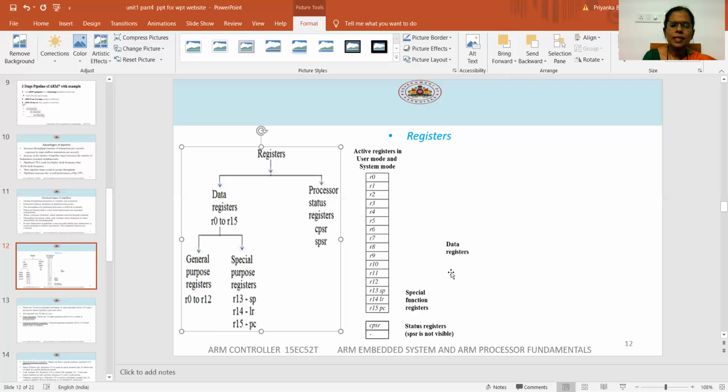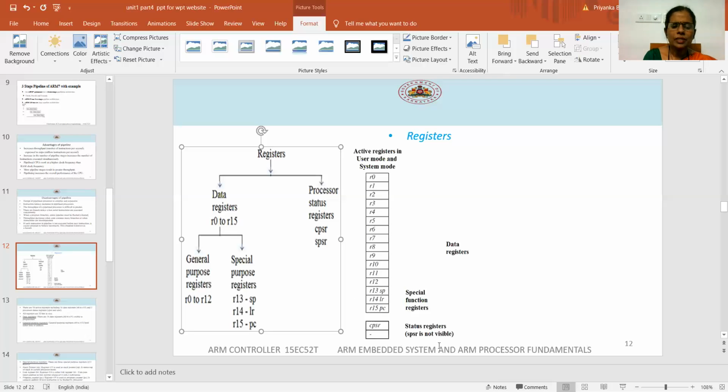They are called data registers. And special registers R13, R14, R15 are special function registers. Why are they called special function? Because R13 is meant for stack pointer, R14 is meant for link register, R15 is meant for program counter. So these three are special function registers. The remaining, R0 to R12, are data registers.